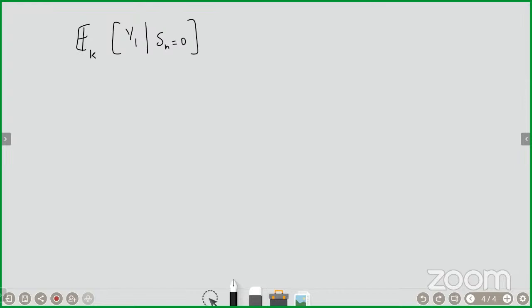That might simplify matters a lot. Or y3 or y4, whatever. The question I'm asking is, is this quantity equal to the expected value of y2 given Sn equal to 0 also?